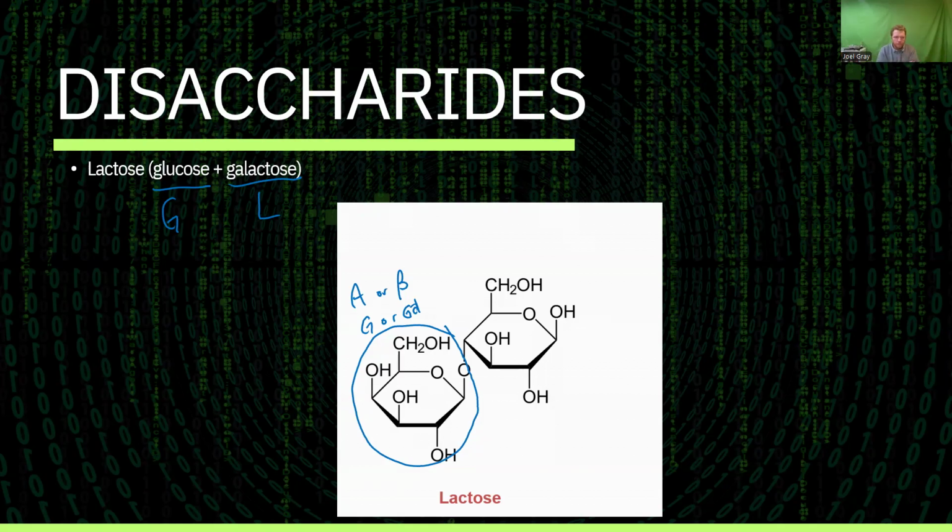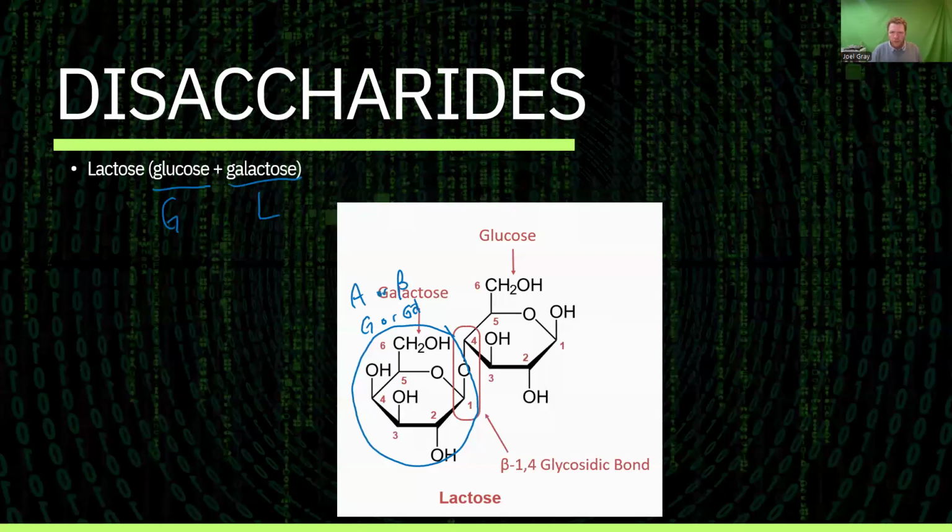Now tell me, is it G glucose or is it L galactose? Wonderful, great job. This is galactose. So we've got galactose, we've got glucose. We have a beta 1,4 glycosidic linkage.